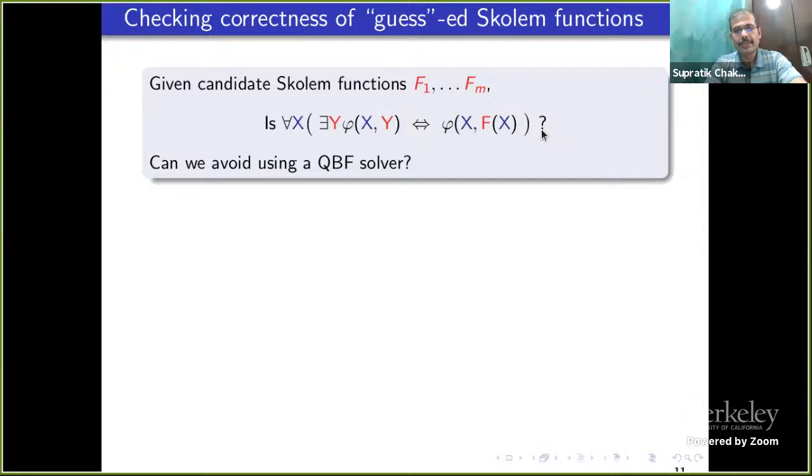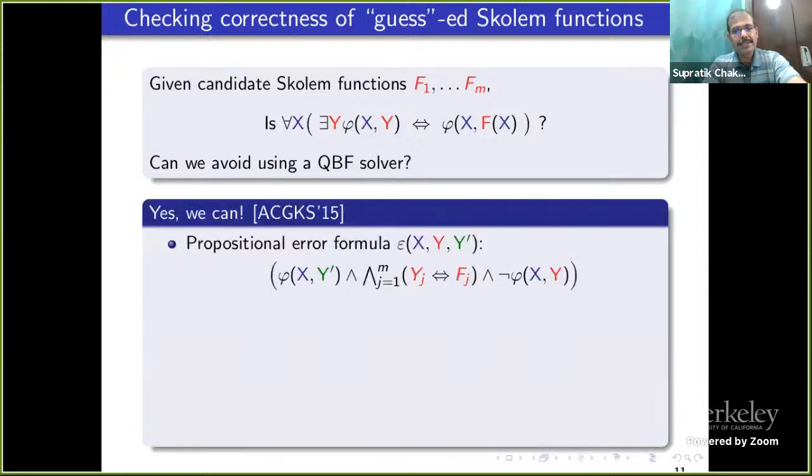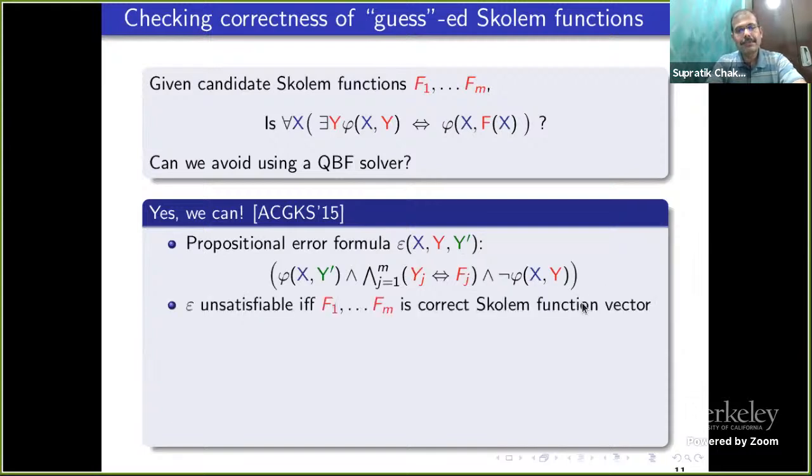And it looks like we need a QBF solver, but we were able to show that one can really massage this formula a little bit and get a propositional formula which involves 2 copies of the outputs, y and y prime. And then if you feed this propositional formula to a SAT solver, then this propositional error formula is unsatisfiable if and only if the guessed Skolem functions are correct.